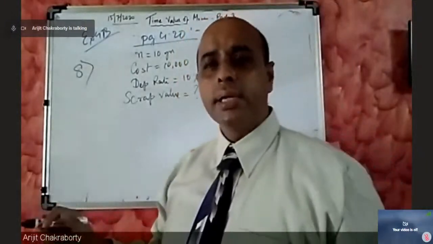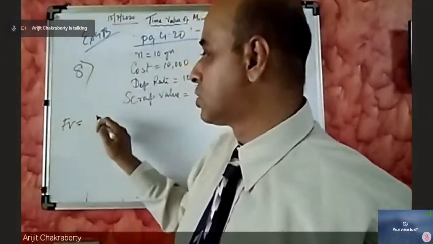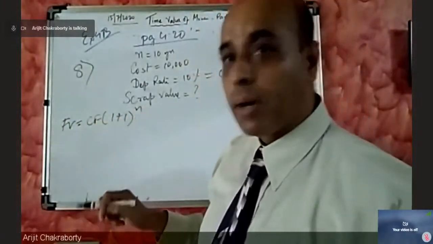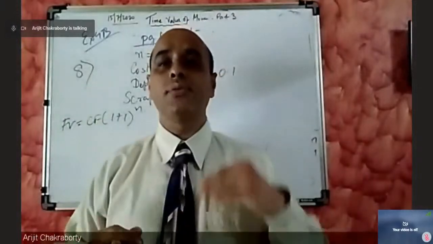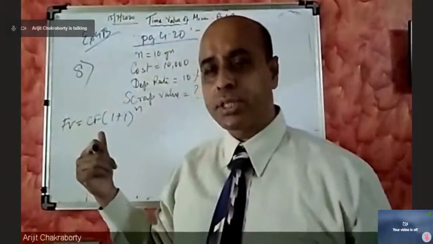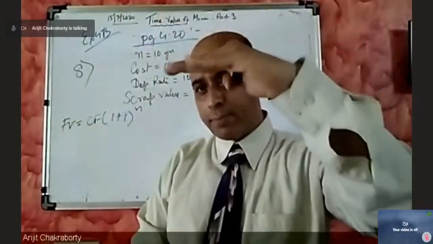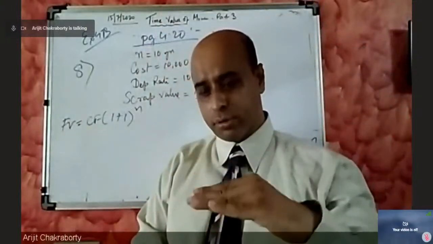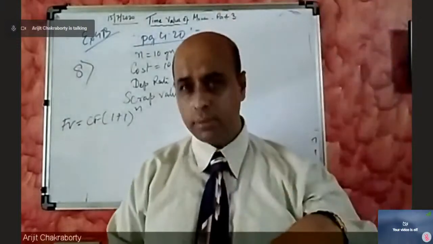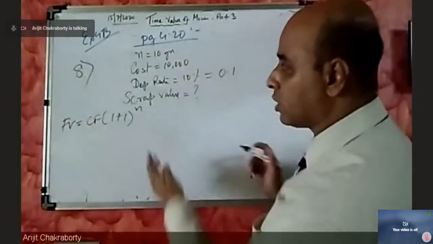We know that future value is equal to cash flow into 1 plus I to the power n. But I explained this is in case of interest, which goes up. It becomes bigger. In case of depreciation, you start here and depreciate, reduce, and you get the scrap value. So it is a minus, moving down. So the formula is what?